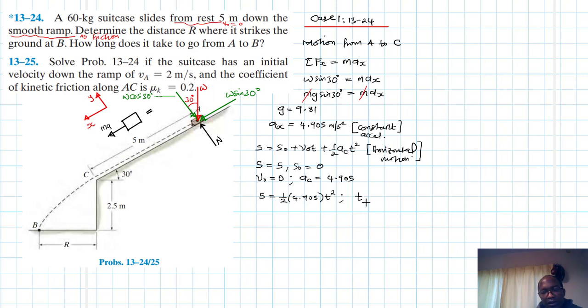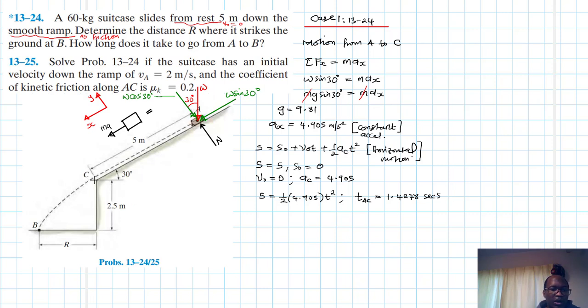Therefore t AC is equal to, making that the subject of the formula, the square root of 5 divided by half of 4.905. So we have 1.4278 seconds. This is the time it takes from A to C.